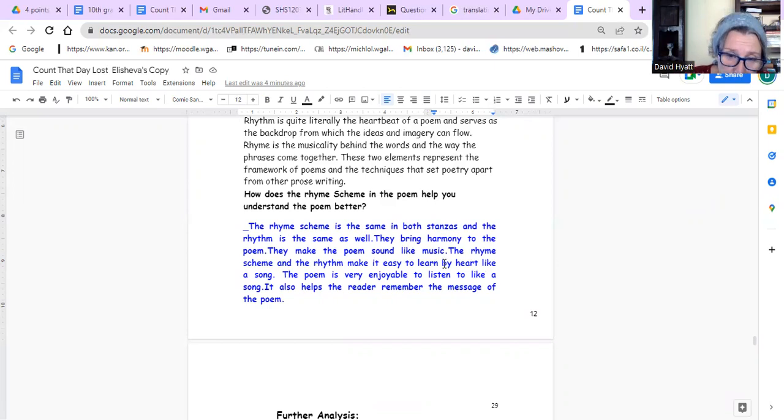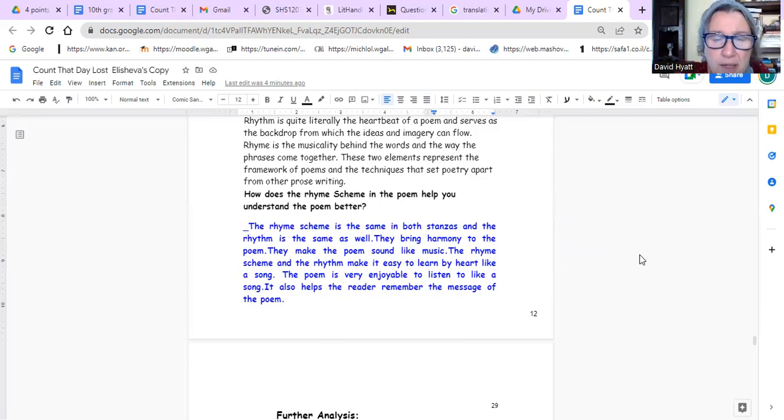And here, like music is a metaphor, simile. Well, it is a simile because I compare poem to music and I use like. Okay, I'm not changing the identity, הזהות של המילה poem. The rhyme scheme and the rhyme make it easy to learn by heart, like a song.